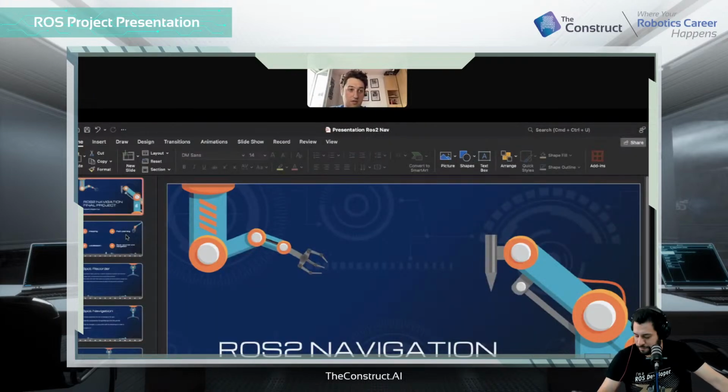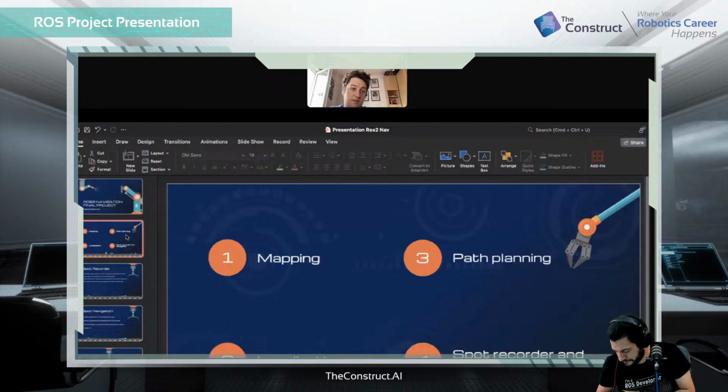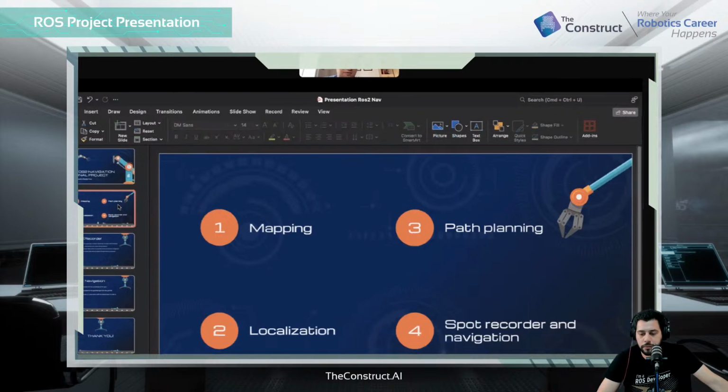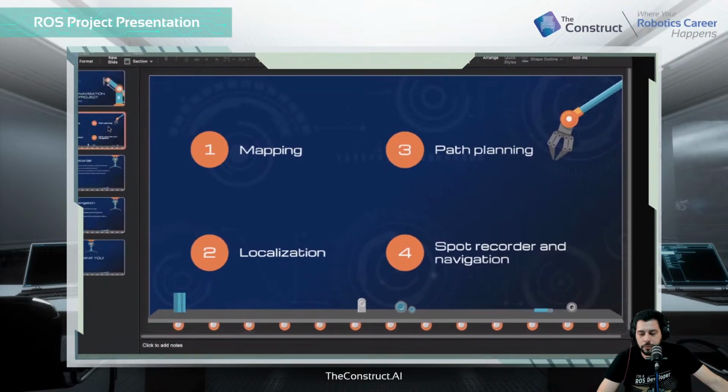Okay. It's cool. So the project is split in 4 parts. The first one is mapping that I explained when I started. So you have to place the robot on the map. You explore the map with the robot, you build it, and then you save it. After that, you give this map as a service.